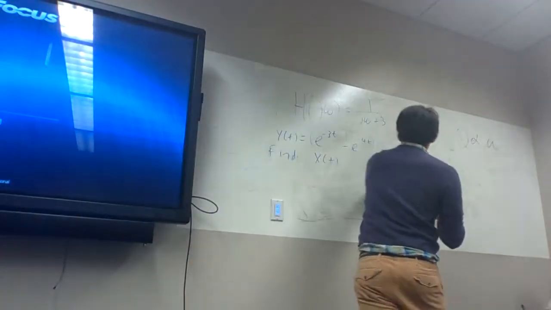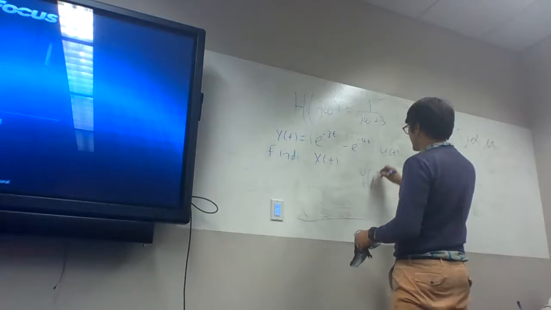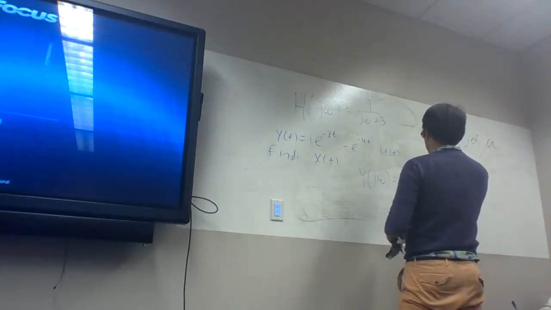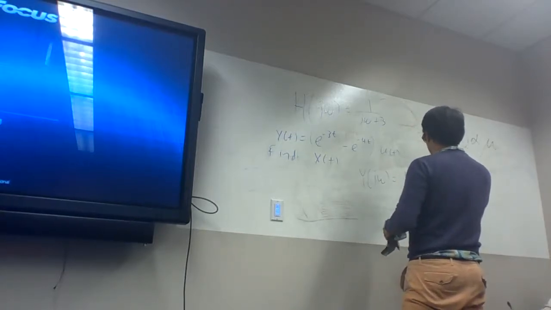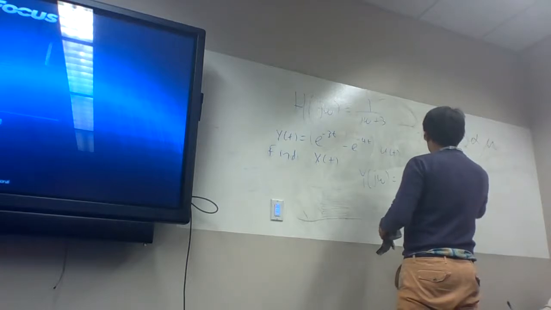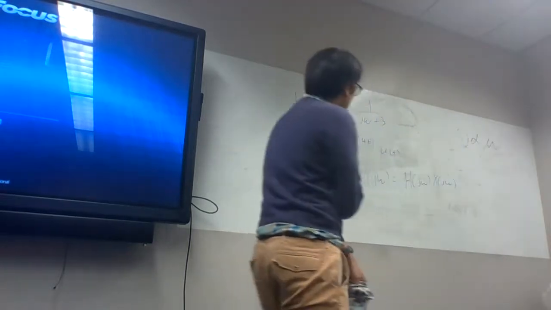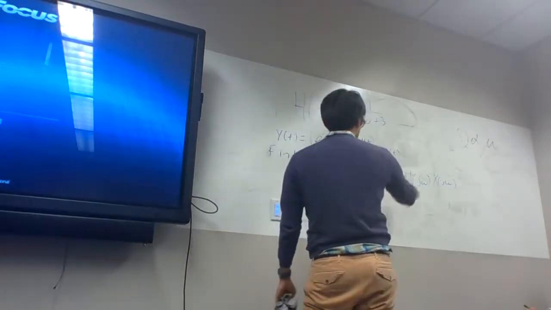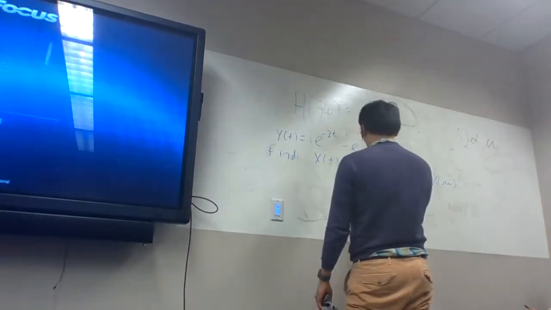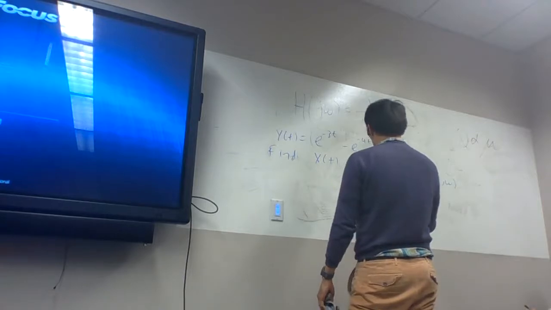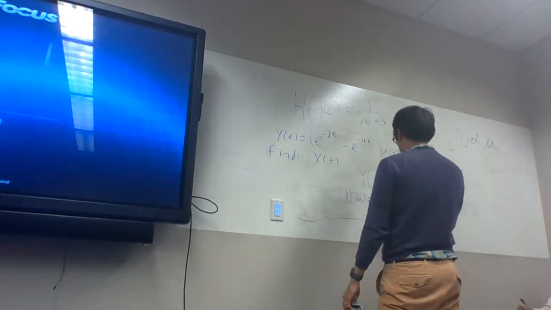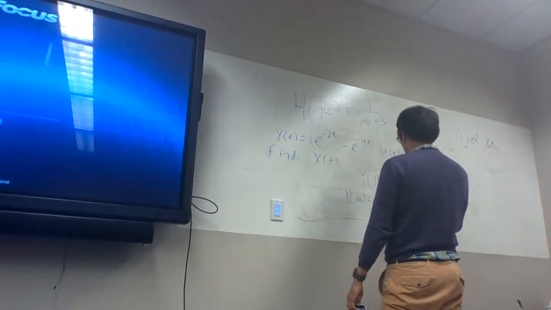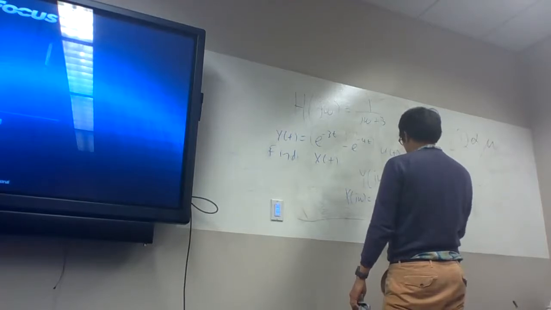Because we're going to know that y of j omega is equal to h of j omega times x of j omega. And so x of j omega is going to have to be equal to y of j omega divided by h of j omega.